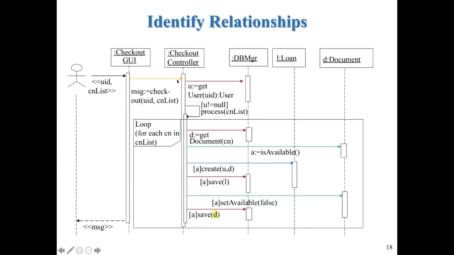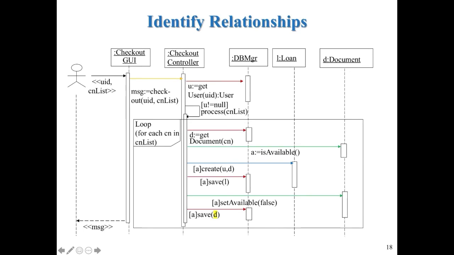These are the arrow signs in your sequence diagram. This yellow arrow sign shows the relationship between the CheckoutGUI class and the CheckoutController. These red arrow signs show the relationship between the CheckoutController and DBManager.